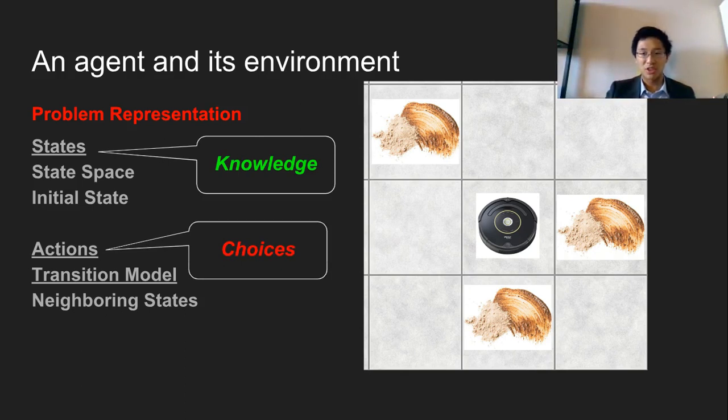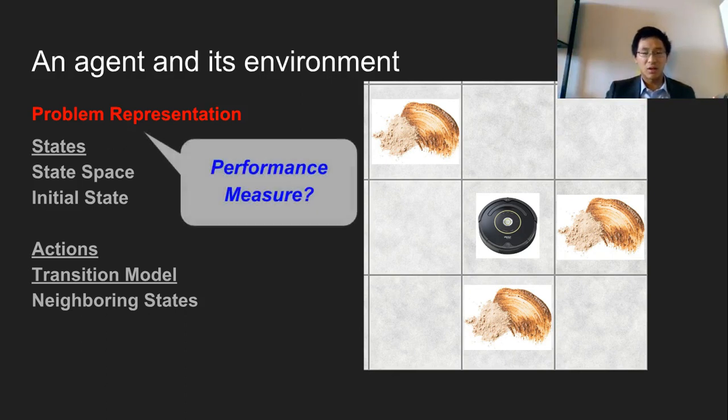So a lot of components of our rationality are becoming salient at this point. But what's left? Well, we didn't define performance at all. What's our performance measure? We've got an environment, and intuitively, we probably already know what Ronnie should be doing to prove himself useful, but we haven't really defined it at all. We've just said, this is the way things are, and this is what happens if you do that, or that.